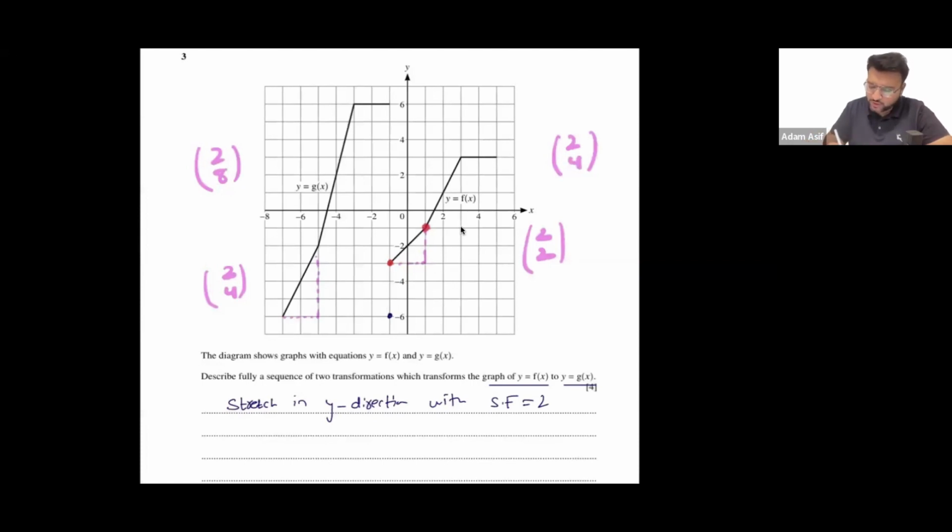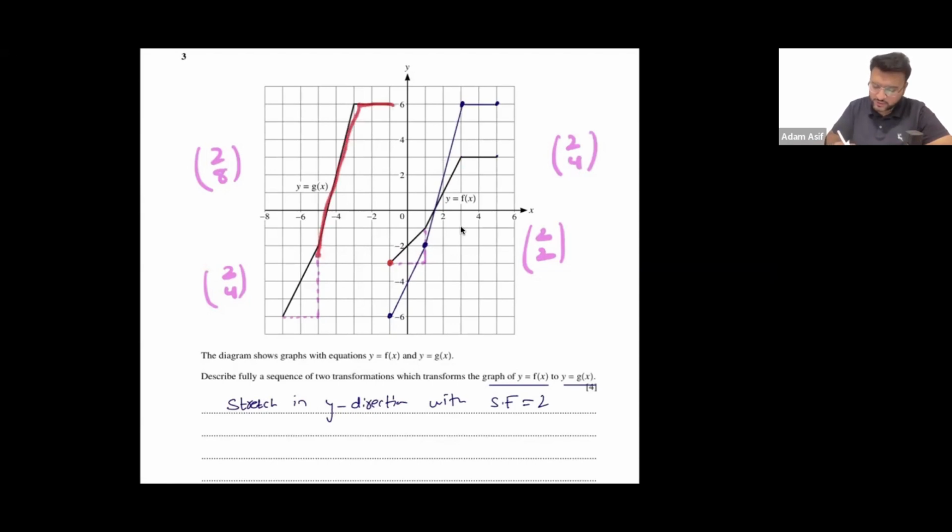For this point, it's 1, -1, and after stretching in the y direction with a stretch factor of 2, it's 1, -2. Similarly, this point before stretching is 3, 3, and after stretching it becomes 3, 6. And this is 5, 3, which becomes 5, 6. So after the vertical stretch, after the first transformation, the diagram is going to look like this.